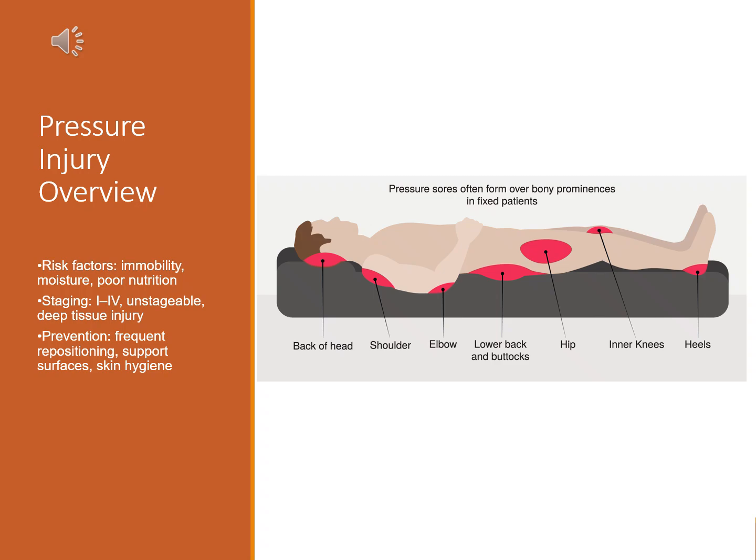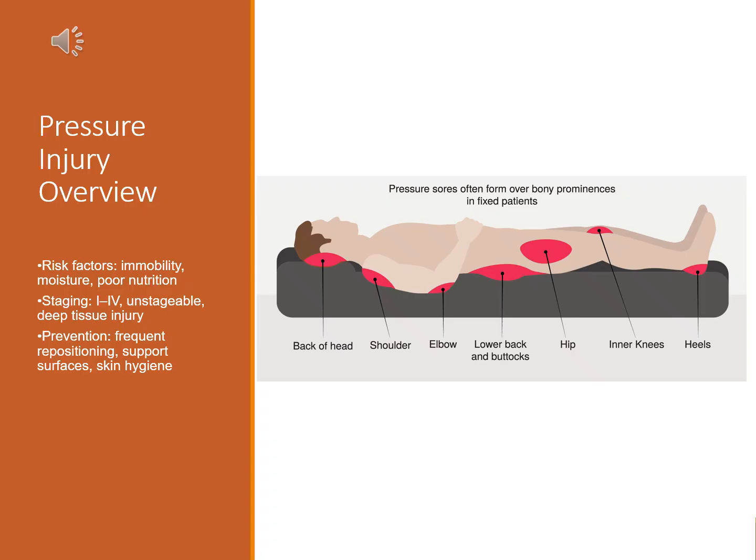Okay, so we're going to talk about pressure injuries. A pressure injury is an area of skin damage in a localized area, usually caused by prolonged pressure, but it can be caused by shears, friction, or excessive moisture. It usually occurs over the bony prominences. If you look at the picture, those red areas are the bony prominences that are at higher risk for skin breakdown.